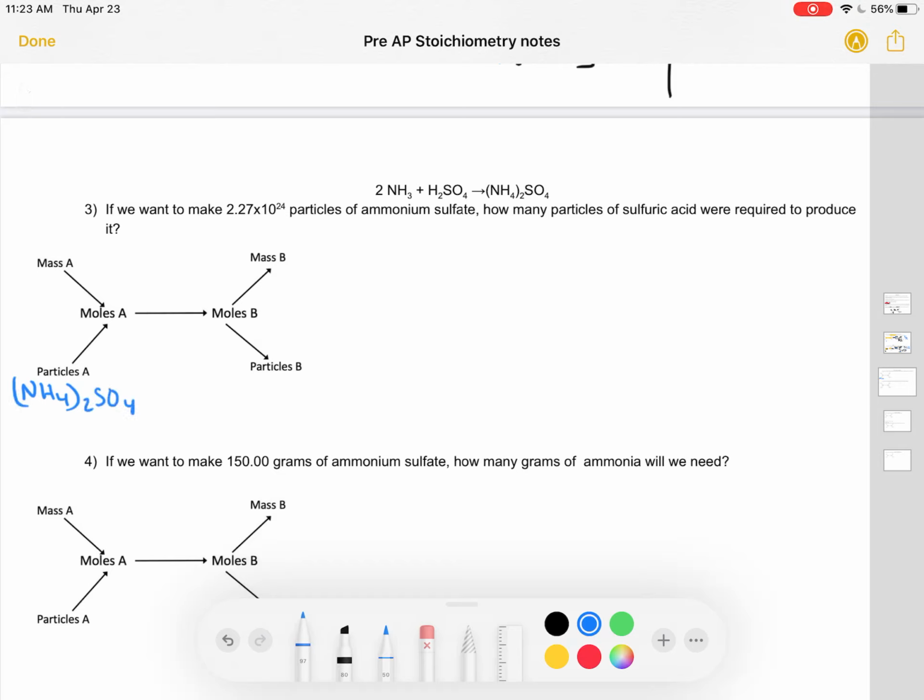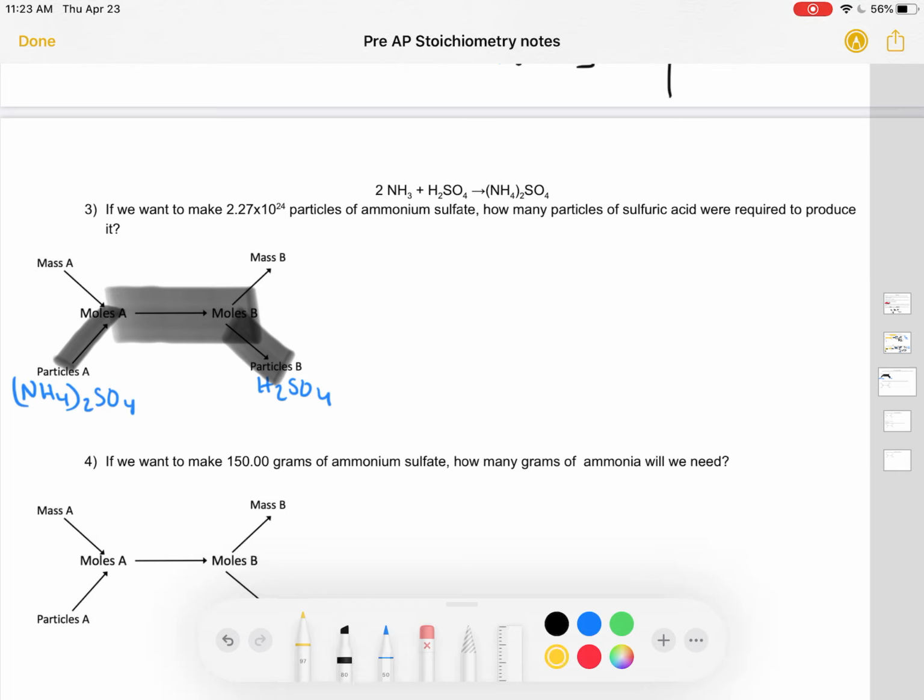And we want to go to particles of substance B, which is sulfuric acid, H2SO4. Okay, so to make our path there, we have to go from particles to moles, moles of one to moles of the other, and then from moles of that thing to particles of that thing. Okie dokes, let's do it.